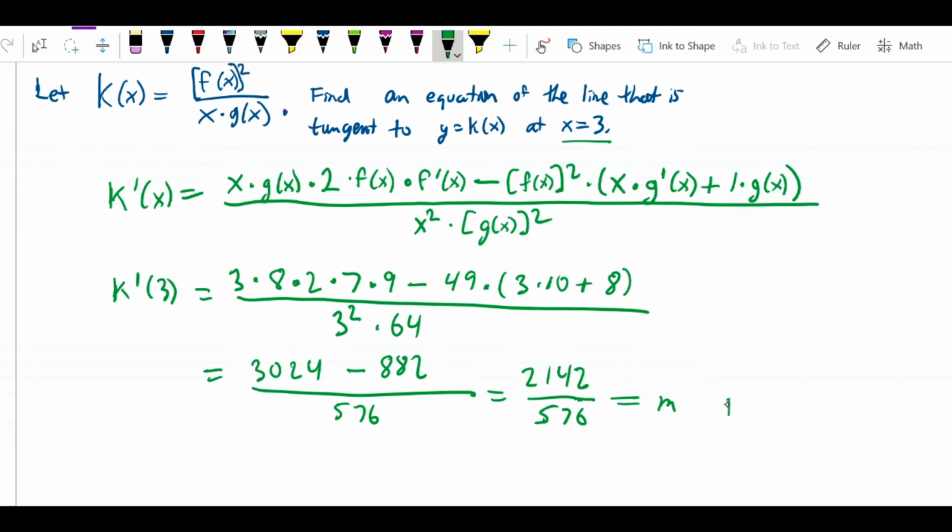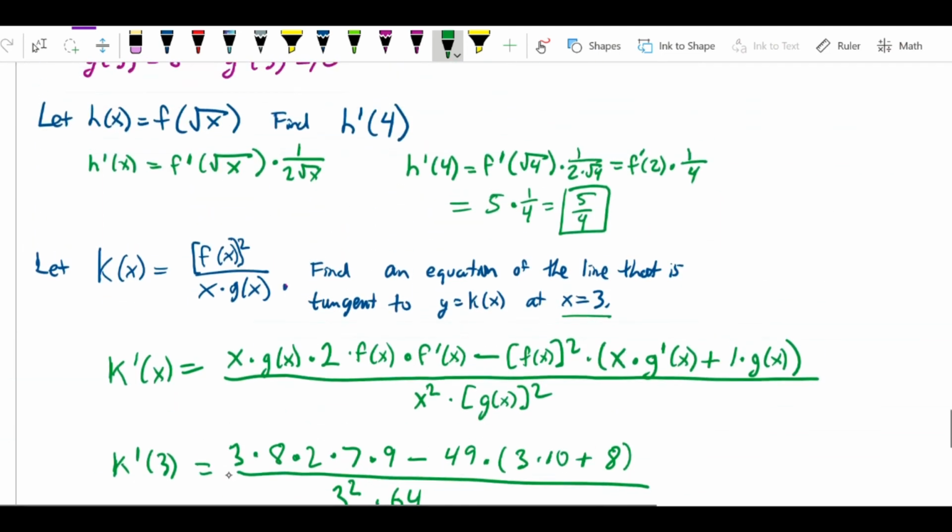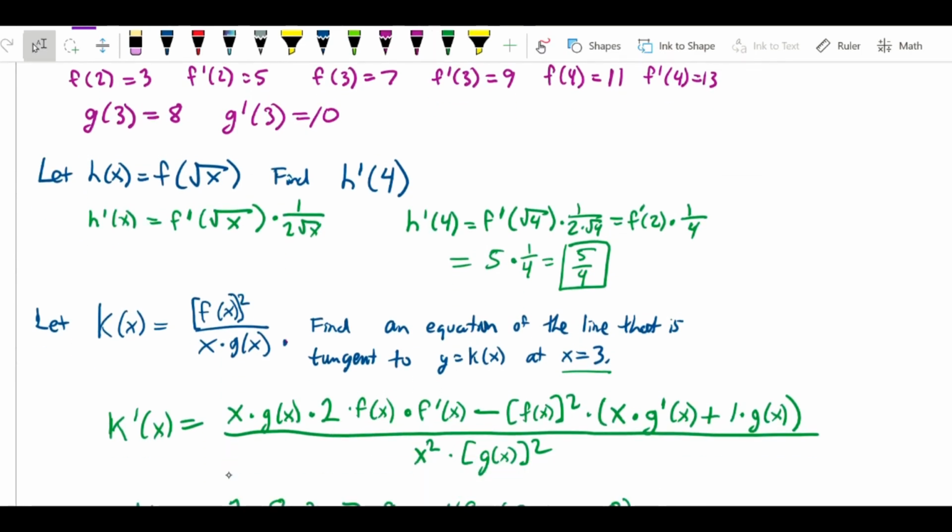All I need now is a point, and I know that the point has an x value of 3. I just need to find its y value by plugging it into not the derivative function, but the original function. I need to actually evaluate k of 3, so that's going to be f of 3 squared over 3 times g of 3. So let's see, f of 3 is 7 and g of 3 is 8.